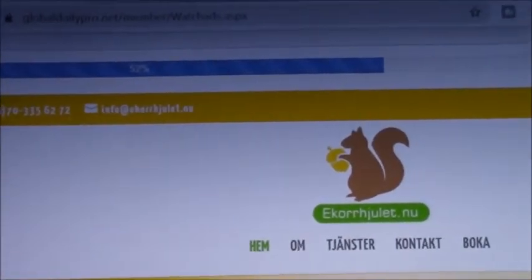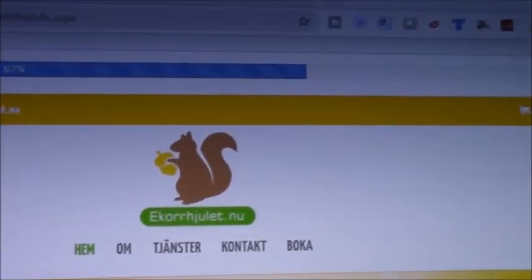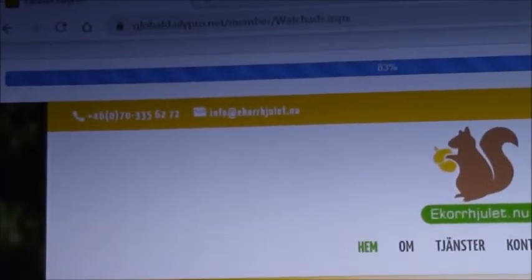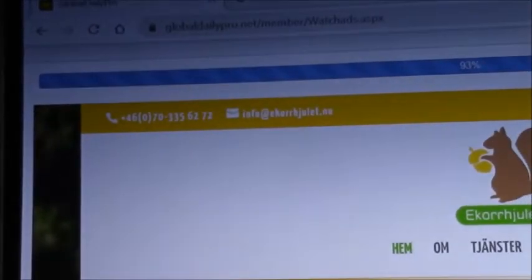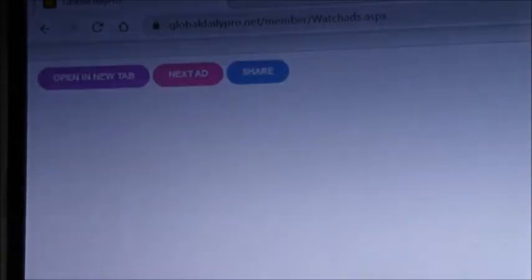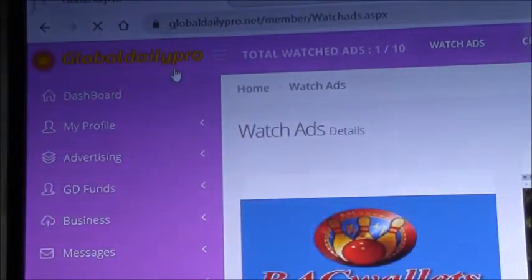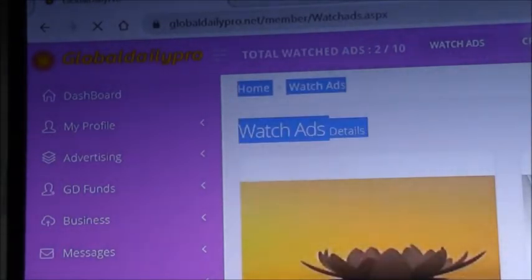See how fast that is running? In the corner, you just have to click next ad. So you only have to click like 10 ads a day to make money. See how easy this is?